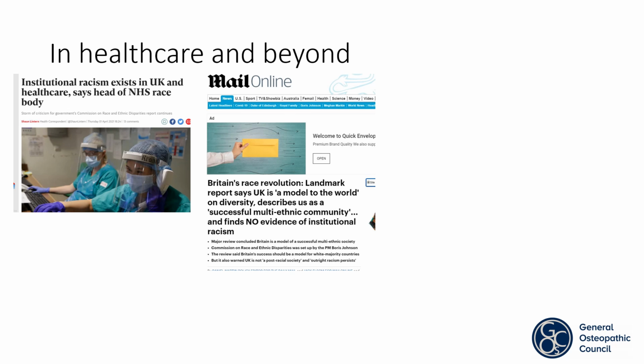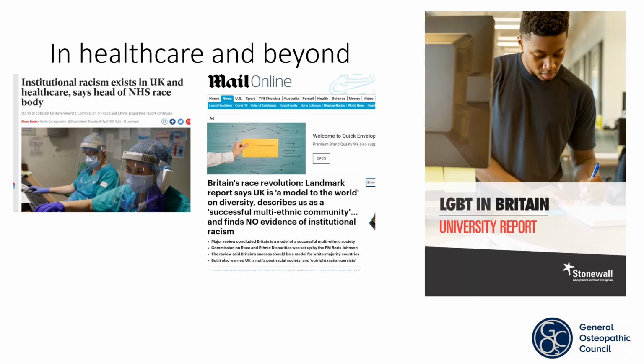So whilst we're maybe not here to discuss which one is true, we can see that there is probably some sort of discrepancy in how these issues are being looked at, assessed and then reported.